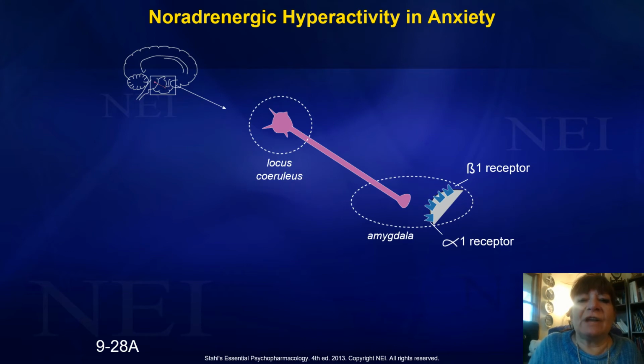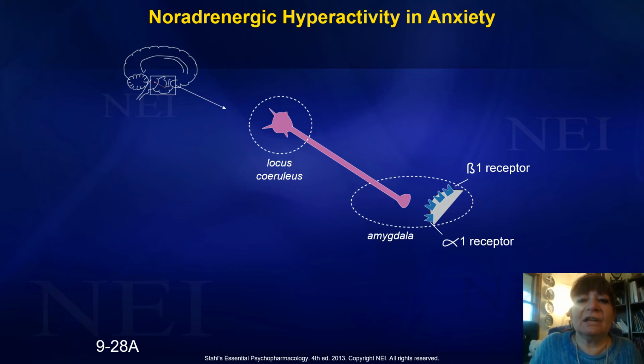So the noradrenergic hyperactivity can be blocked by giving an alpha-1 adrenergic blocker. And that can lead to a reduction of the anxiety and stress-related symptoms.